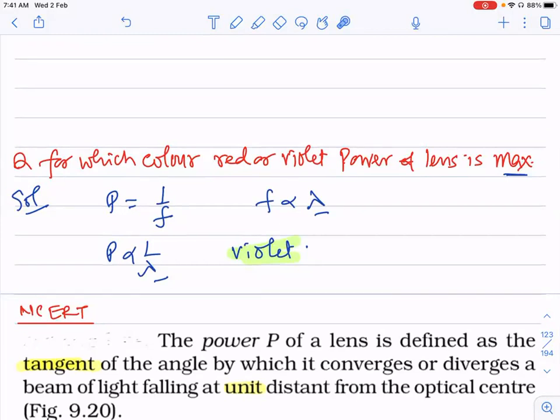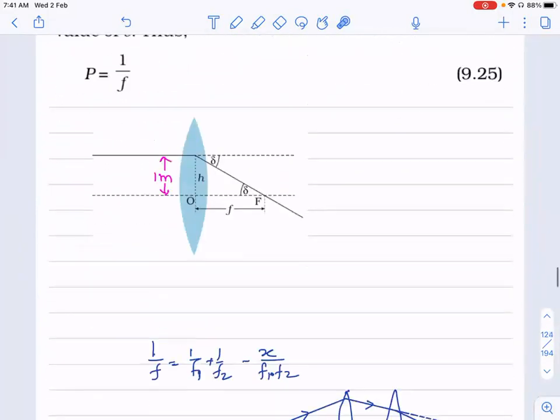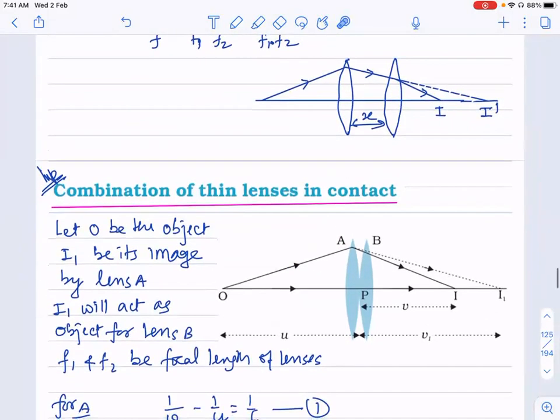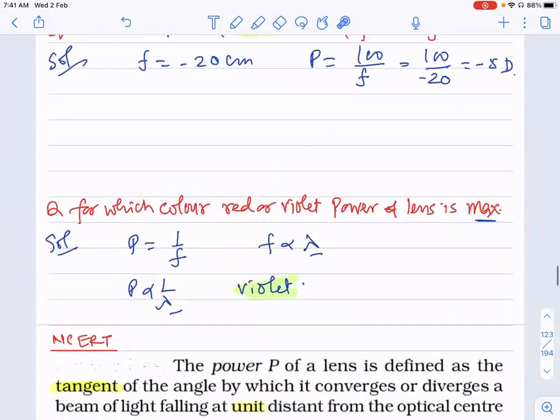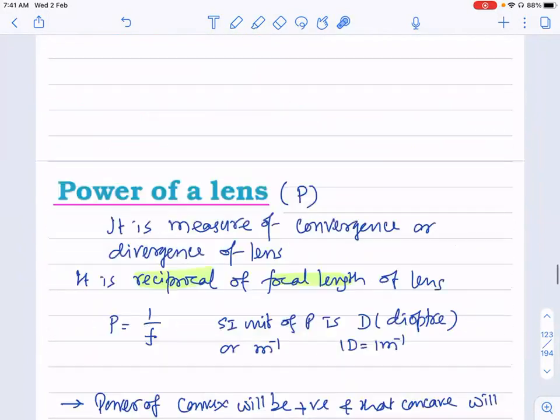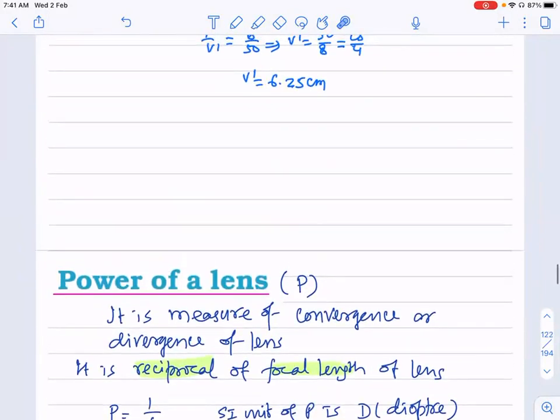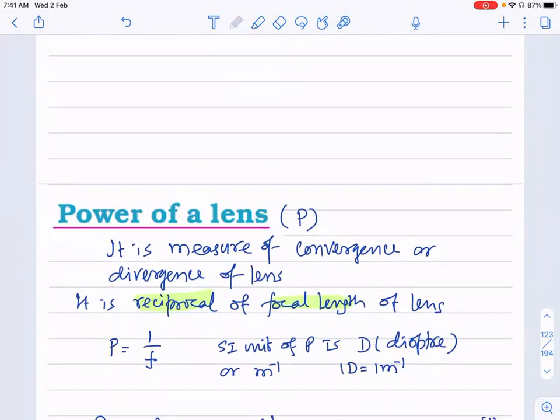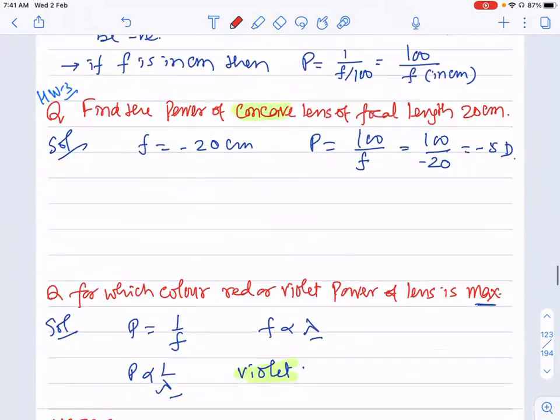Now coming to the, let us complete this point. पहले ये होगा. Before we do the combination of lenses, can I ask you what is the effect on focal length and power if thickness decreases? Question ये है, और यहाँ पे लिखो.